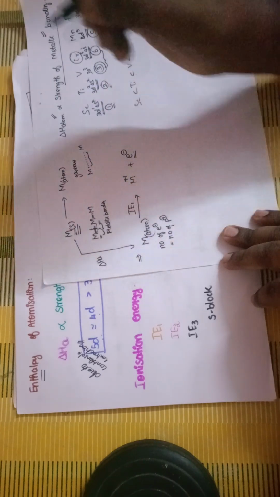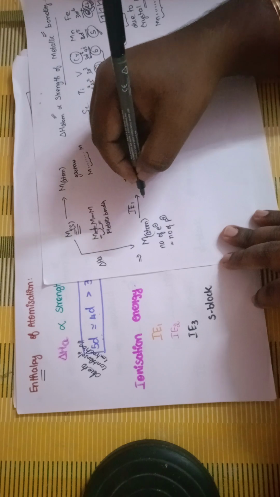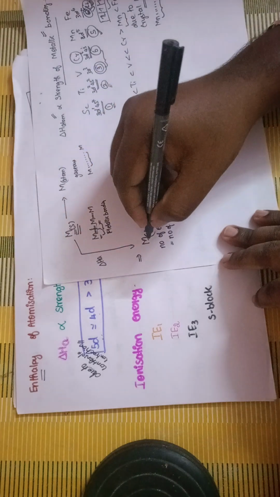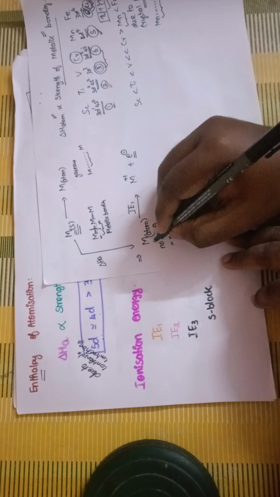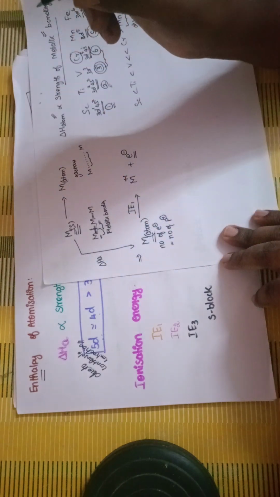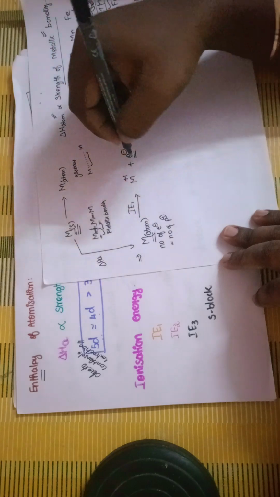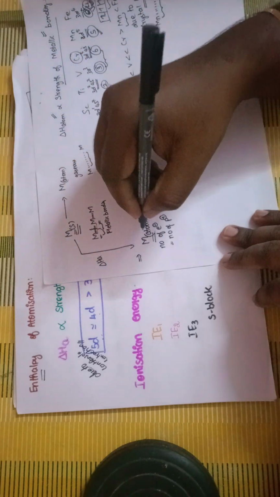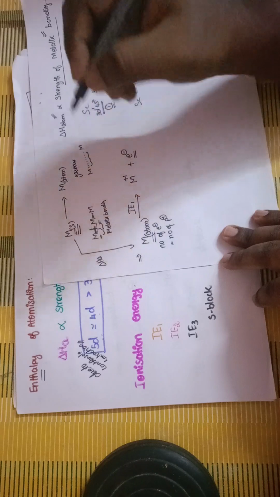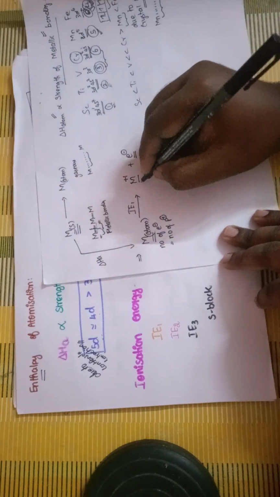That is IE1. IE1 is the amount of energy required to remove the most loosely bound electron from an isolated gaseous atom. It will form a monopositive ion.